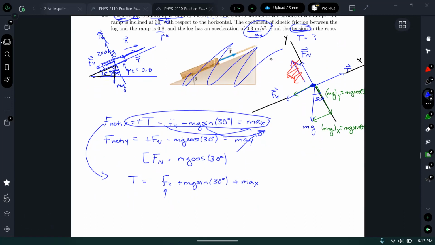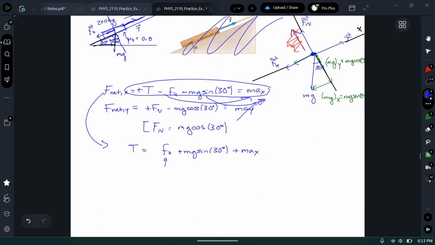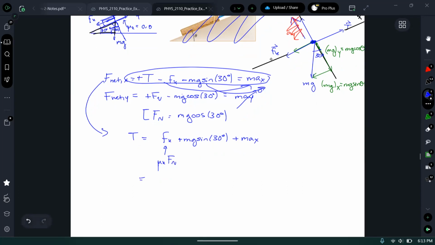And so, again, I don't abandon ship. I just say, well, I'm a little bit closer. I wonder if I can do anything with that. Similar to maximum static friction, I can replace this with the coefficient of kinetic friction times normal force. So tension is the kinetic coefficient times normal force, plus mg sine 30, plus mass times x acceleration.